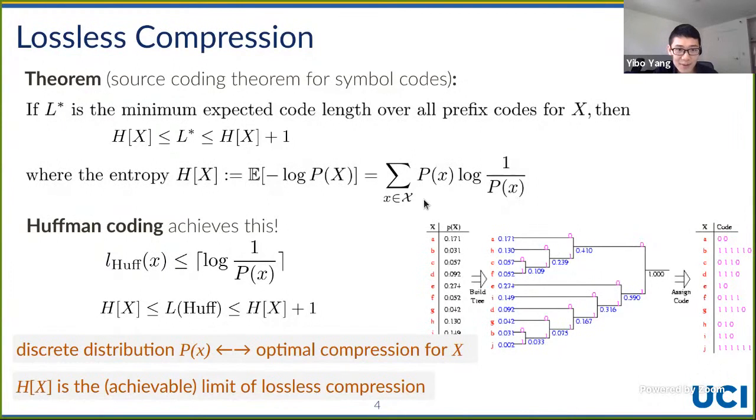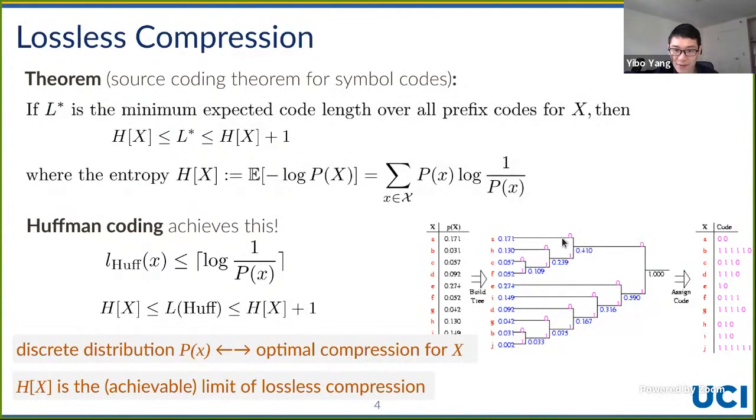It also turns out that we can actually achieve this limit with algorithms such as Huffman coding. You may have seen this in your computer science class. It's a fairly straightforward algorithm that builds a binary tree such that you want the different branches to have roughly equal probability.